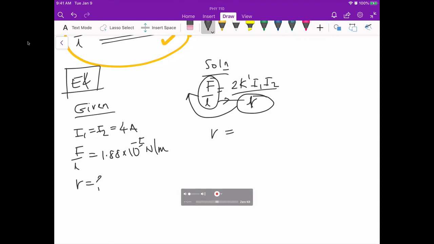That means you can do a mathematical elimination if you wish. R is going to be 2K prime I1 I2 divided by F over length.